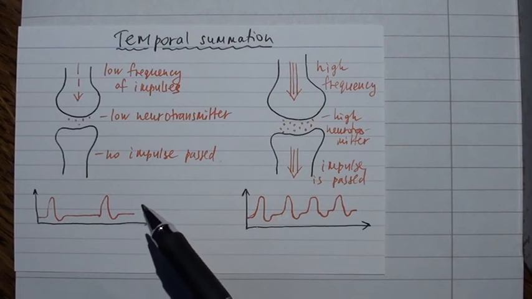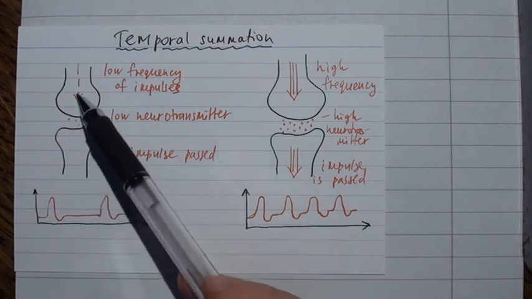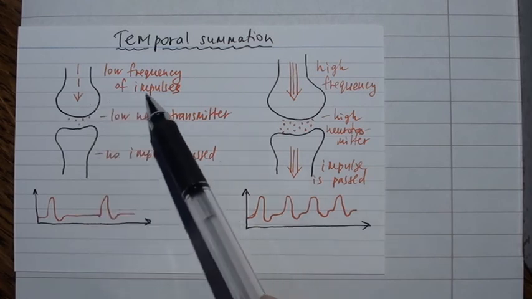So why is it that you might have a slower reaction time in low lighting? Well, you can link it to the fact that, because you have low-level lighting, you probably have a low frequency of impulses.